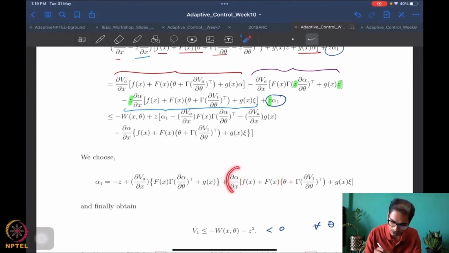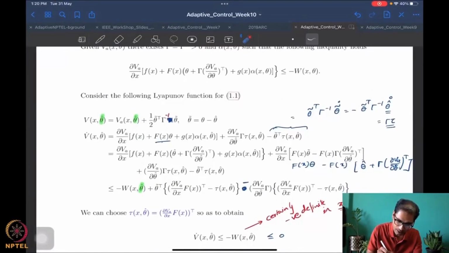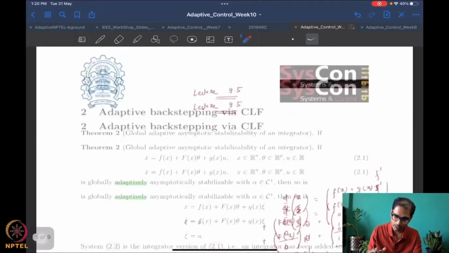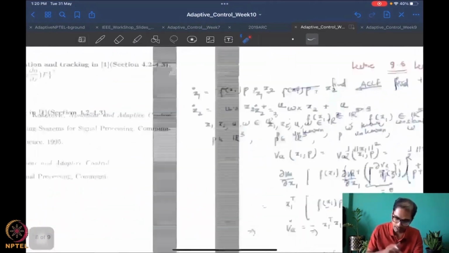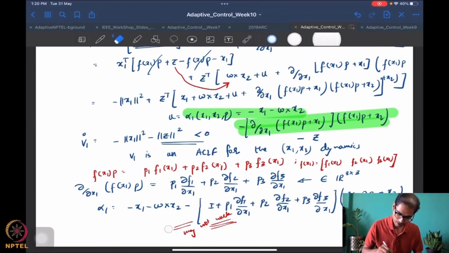I guess this does not matter, that the alpha 1 contains a quadratic in theta. This is not of our concern. What will happen when we design the adaptive law is that we just replace the theta with a theta hat, and we'll still get a nice negative definite term in the x and theta hat, right? So all we're doing is replacing the theta with the theta hat. So this is absolutely okay. This is going to be fine. I will not say this is complicated. This is the alpha 1 for whatever it is worth.